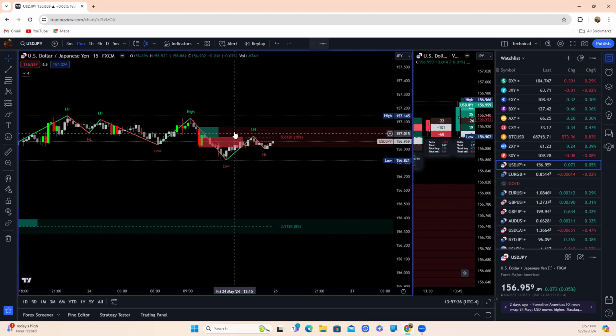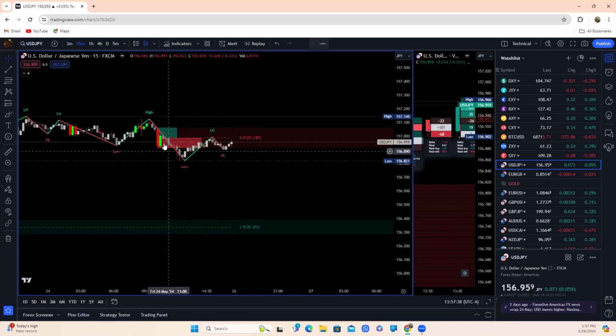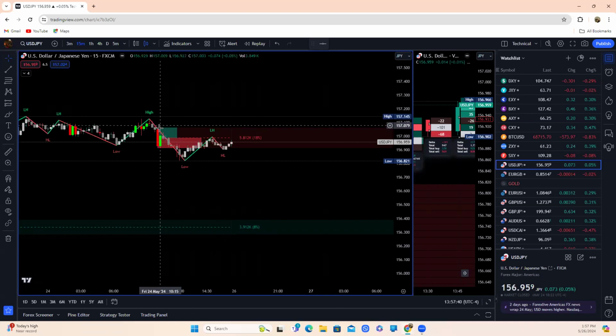But what I wanted to show you, remember what I mentioned not too long ago, the creation of the order block, right? So this order block was created from this bearish candle. Now, when you look at the volumetrics in the candle, you see that there was more bearish volume than bullish volume, right?